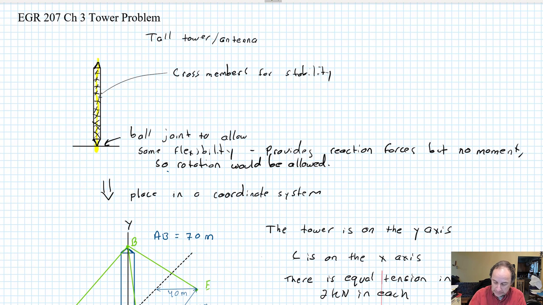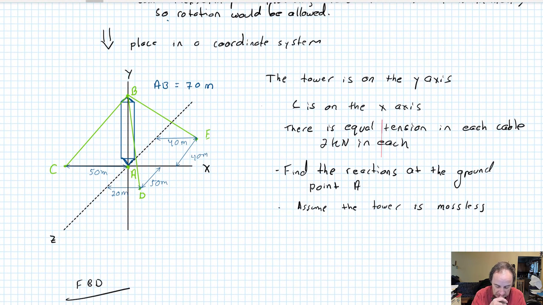So let's put this in a coordinate system. Here you see it lined up. The tower's in blue here. It is on the y-axis.